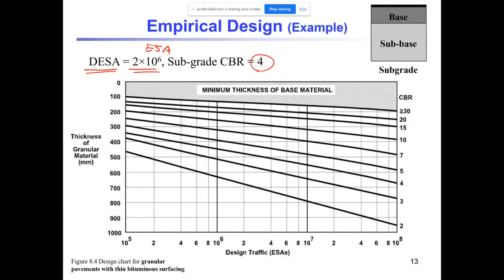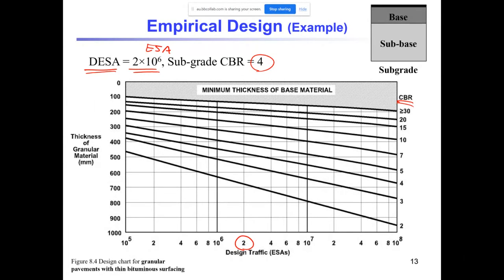So it is easy. We have the design traffic. It is 2 times 10 to the power 6. So this is the design traffic. The horizontal axis will give us the design traffic. The vertical axis here on the right-hand side gives us the CBR value for different layers, right?